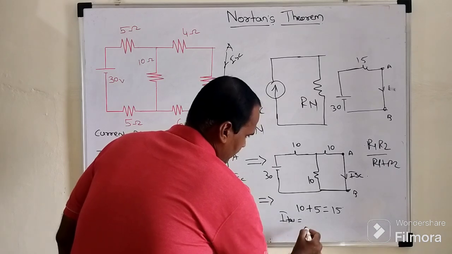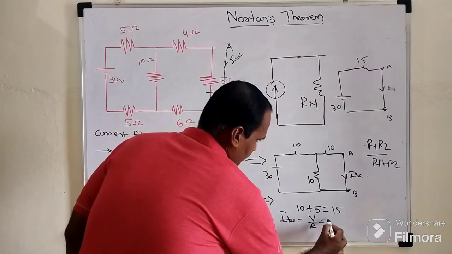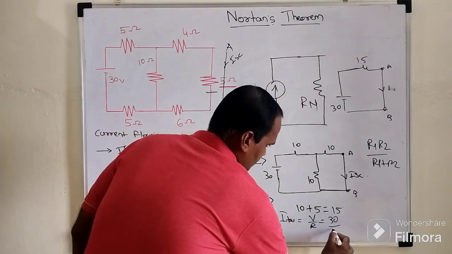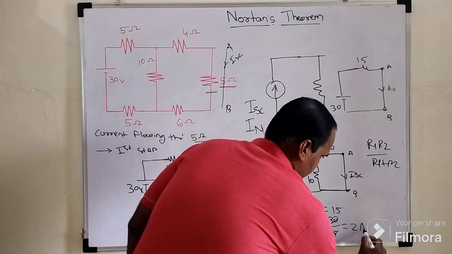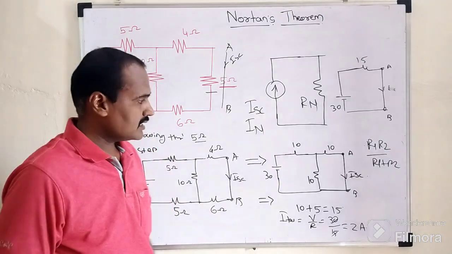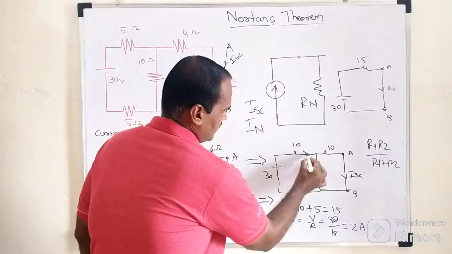According to Ohm's law, I equals V by R, where V equals 30 and R equals the total resistance 15. So 30 divided by 15 is 2 ampere, which is the total current up to this point.